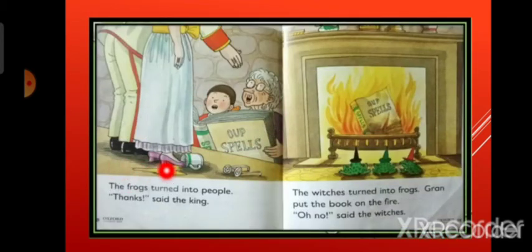The frogs turned into people. "Thanks," said the king. The witches turned into frogs. Gran put the book on the fire. "Oh no!" said the witches.